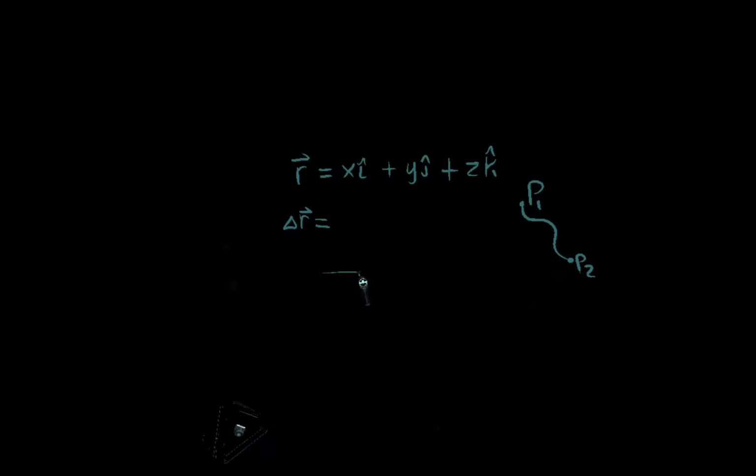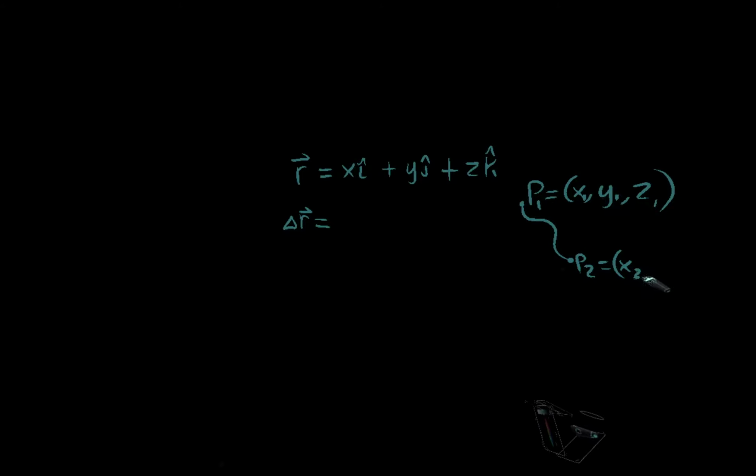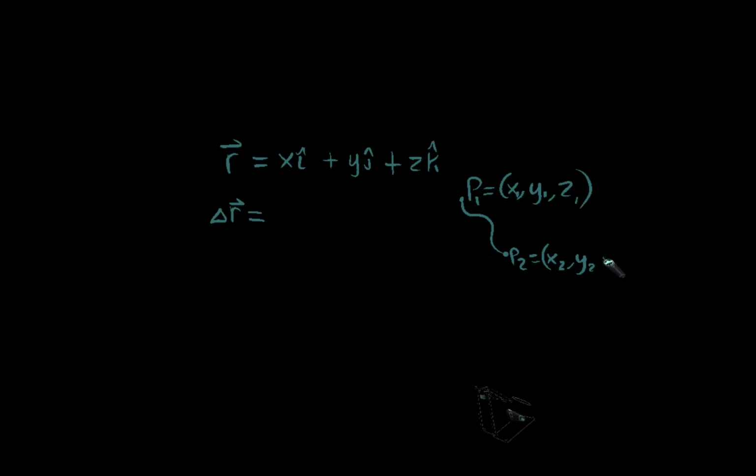So we have p1 given by some vector x1, y1, and z1, and p2 is given by x2, y2, z2.